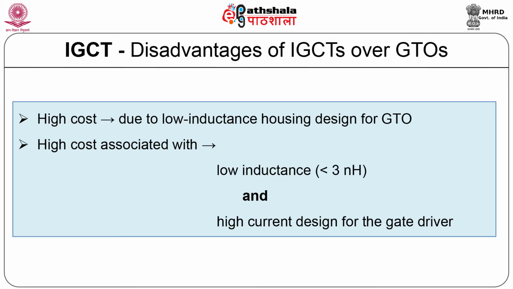Disadvantage is high cost. It is due to the low inductance housing design. Second, high cost is associated with the low inductance circuit and high current design for the gate driver.